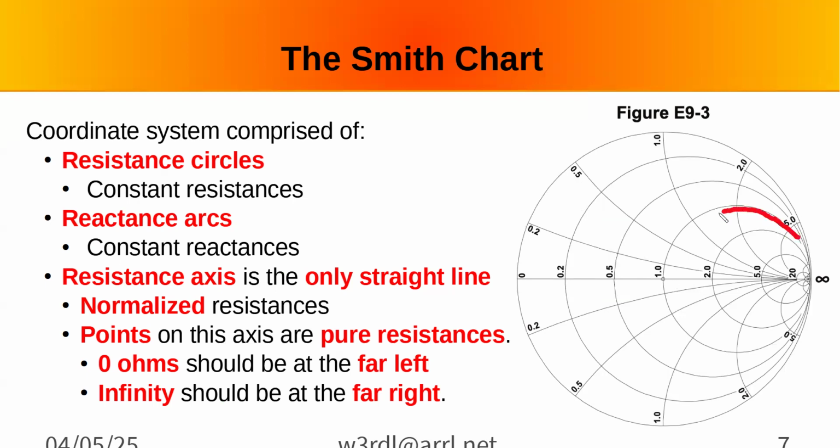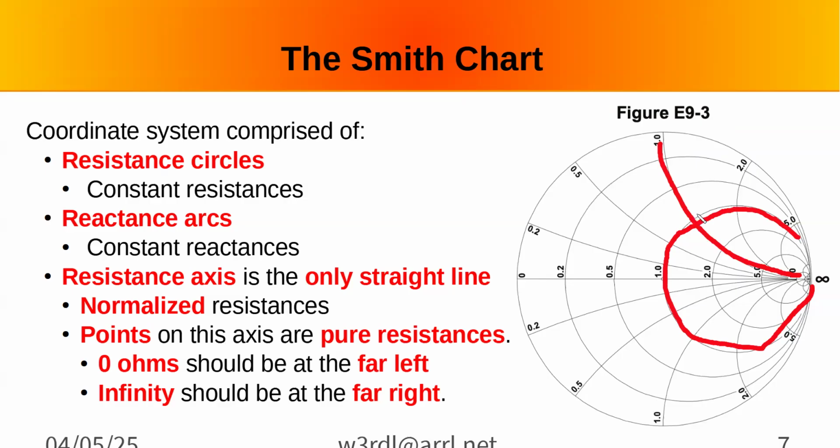Where this circle, okay, any place on that circle is a normalized 1 ohm. 50 or whatever you're using. Right. Any place on this arc, which is inductive still, is going to be 1 ohm reactance, a plus J1.